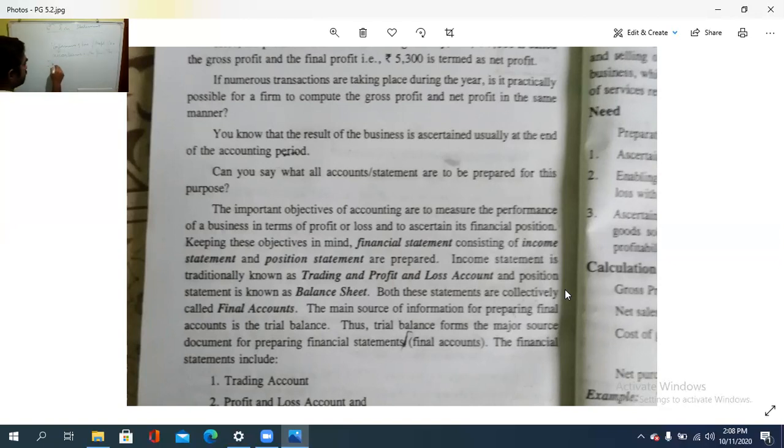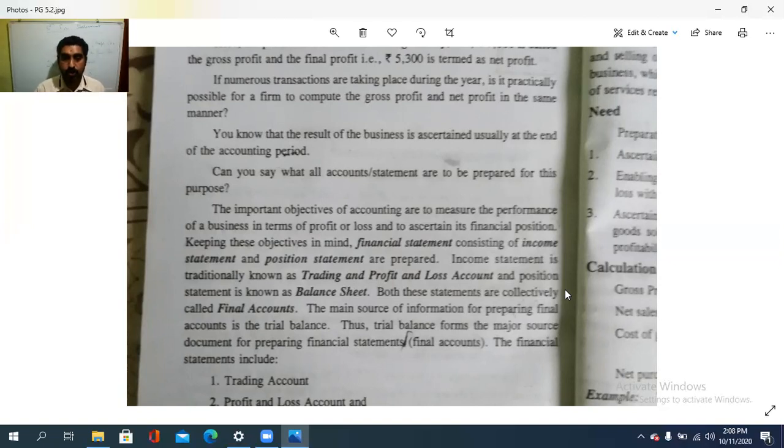So, two statements: the income statement, that is the statement of profit or loss. That is the income statement. In account form it is the trading and profit and loss account, and the position statement shows the position in which we stand, for which the balance sheet is prepared. So the income statement is traditionally known as the trading and profit and loss account and the position statement is known as the balance sheet.